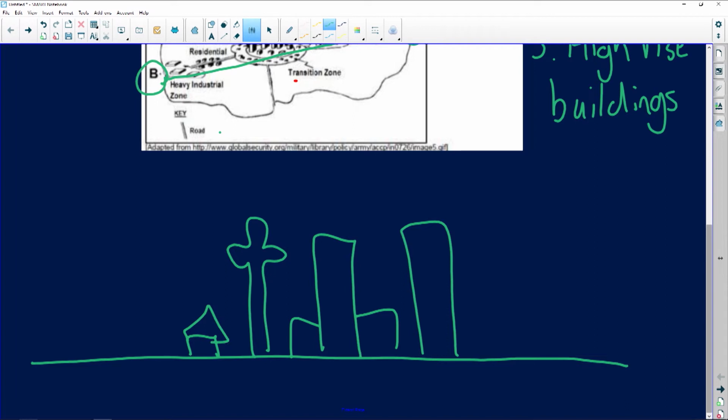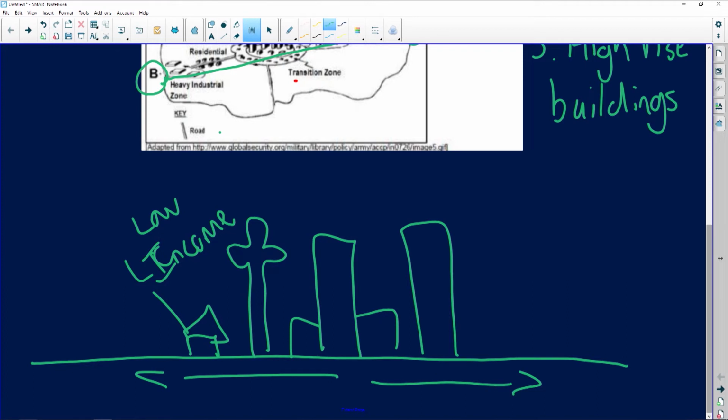And then we have our low-income residential areas closest to the CBD. And then as we move further from the CBD, we have OBDs. For instance, Sandton is a very good example, high-rise buildings, outlying business districts.